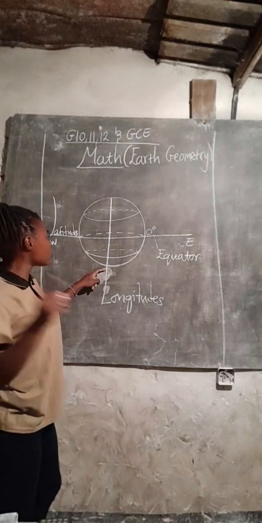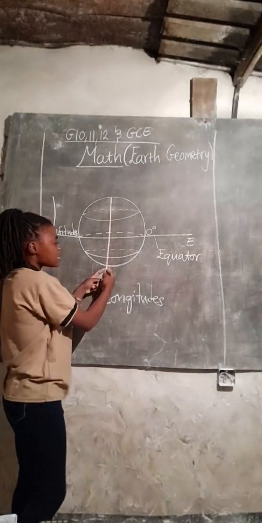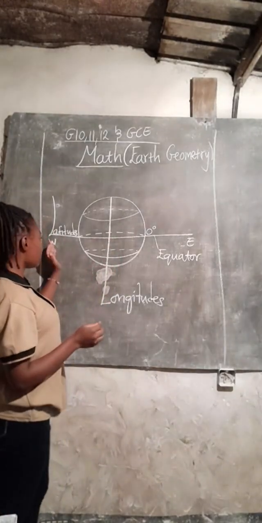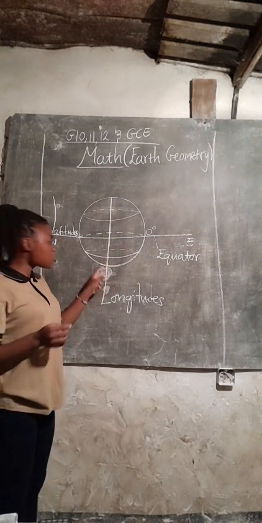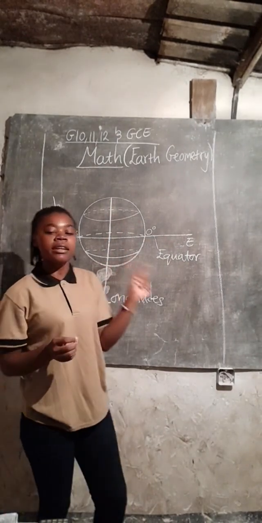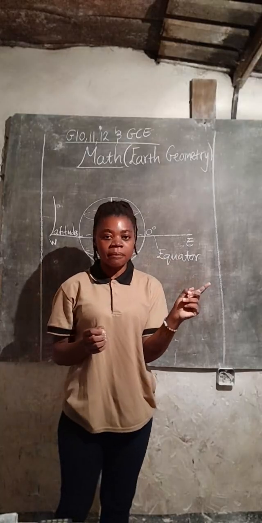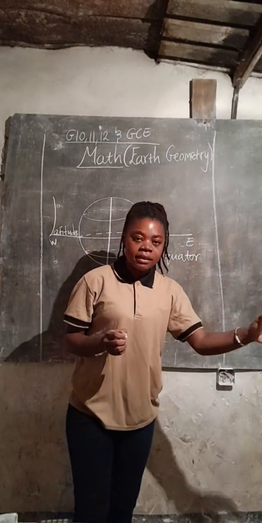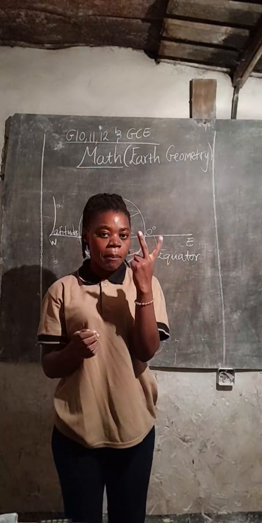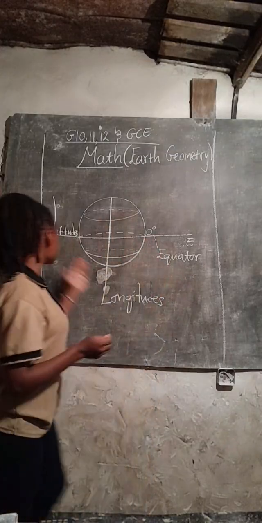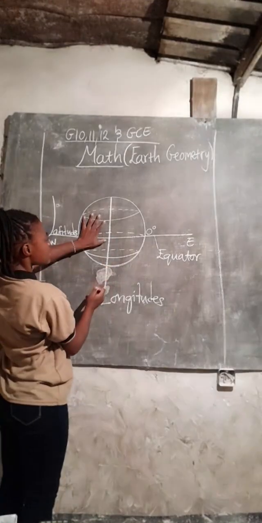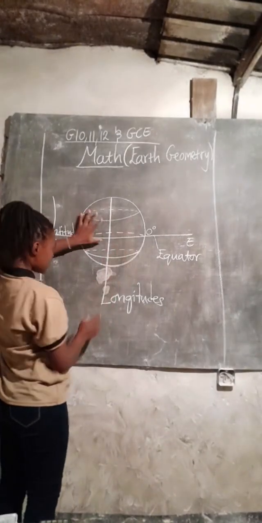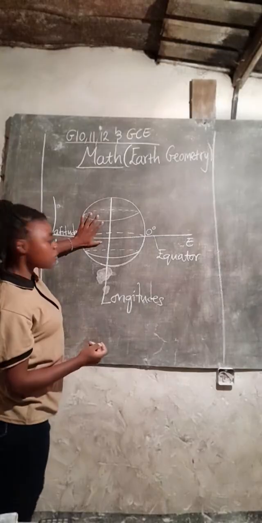Now the first line that I've drawn is this one, which is cutting the earth into west and east. This first line is called the Greenwich Meridian. The Greenwich Meridian divides the earth into two equal parts. What are those parts? The west and the east. When you see this is divided into half, this side is the western hemisphere.